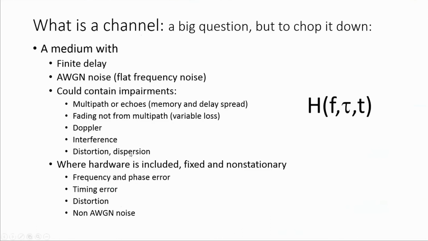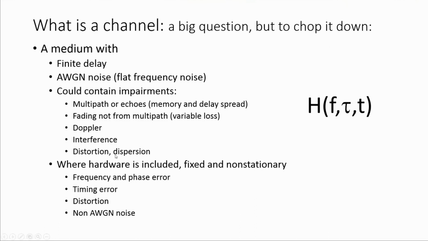Distortion and dispersion. Distortion can be described as a lot of different things. In a wireless channel, it's fairly linear. So you don't have to worry about nonlinear amplitude distortion, but in fiber or in underwater, you definitely do. And other types of non-radiative medium.